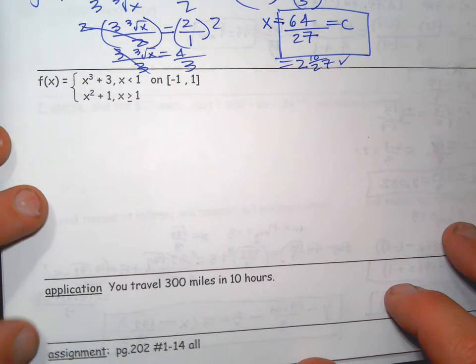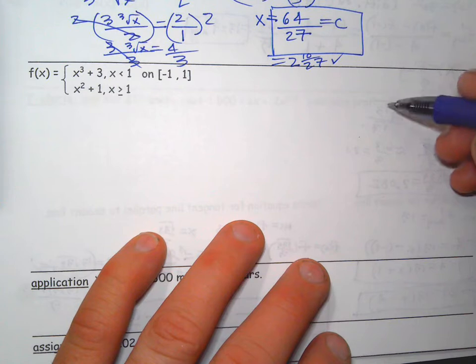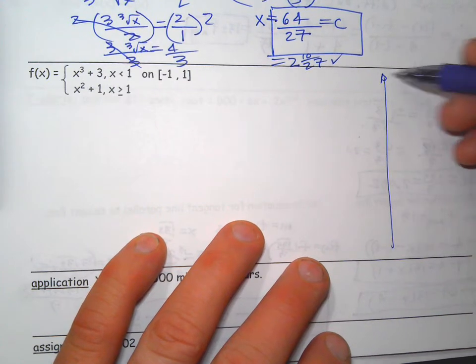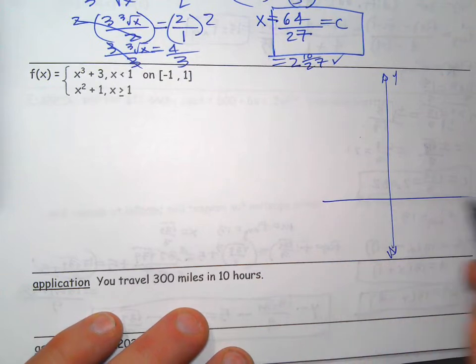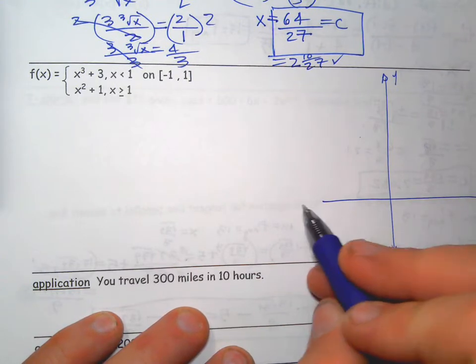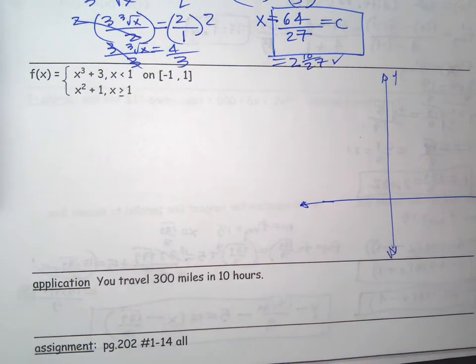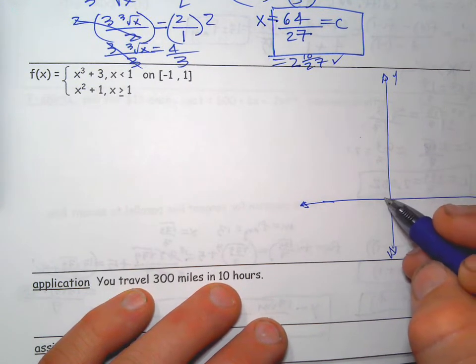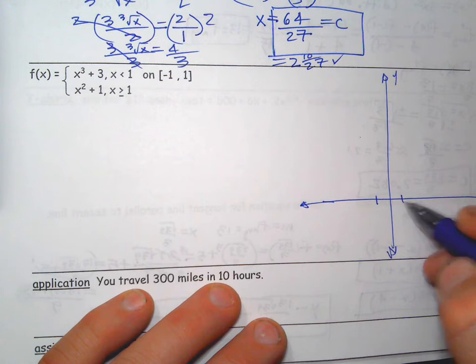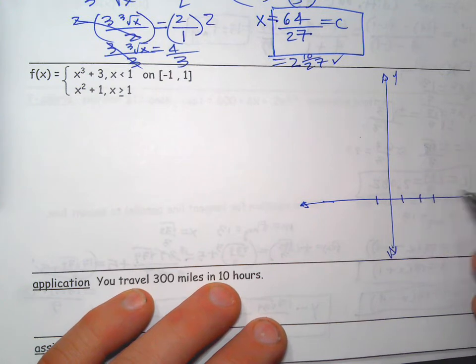And so I think it's helpful, at least right now, to just get a sketch of it. So let's take a quick sketch of this. So from -1 to 1, it's this other function.